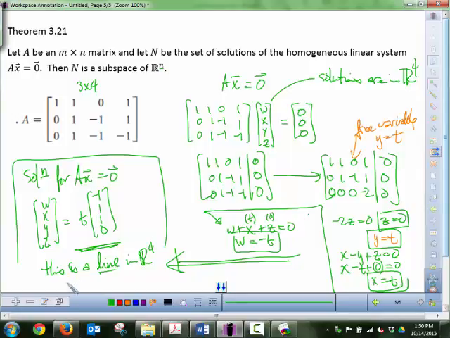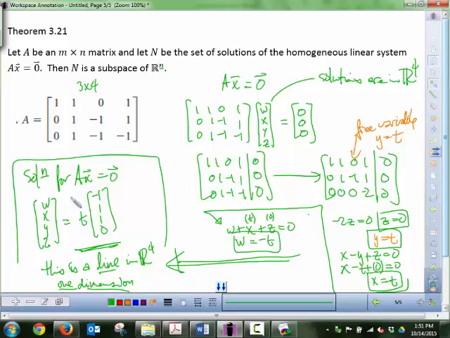A line is 1 dimension. Okay, so this is a line, and it goes through the origin, right?